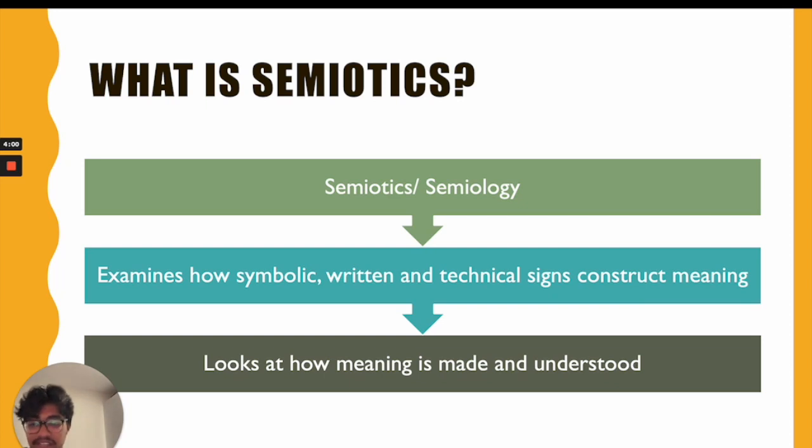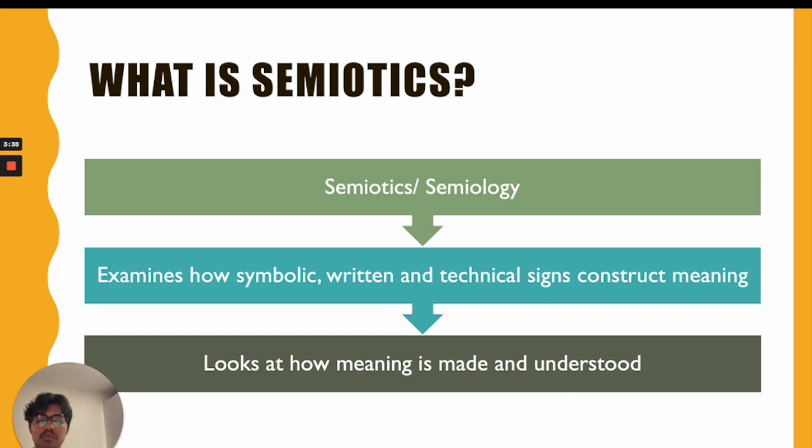Some of the key concepts in semiotics include sign, signifier, signified, code, and discourse. A sign is anything that communicates meaning, while a signifier is the physical or visual component of a sign, and the signified is the meaning of what that sign represents.